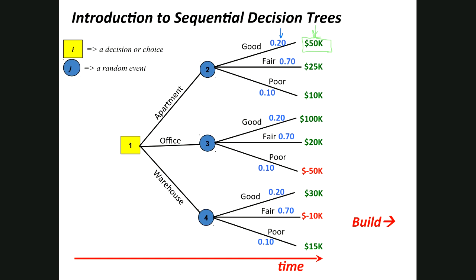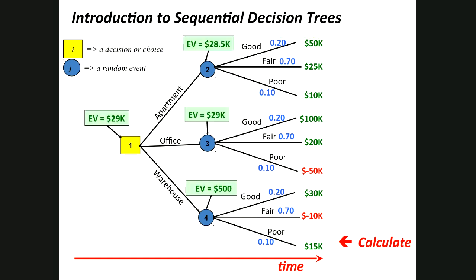The next step in our process is to calculate. We want to calculate backwards from right to left, not through the tree. We want to calculate our expected values, and we do that just as we've done for our problem.